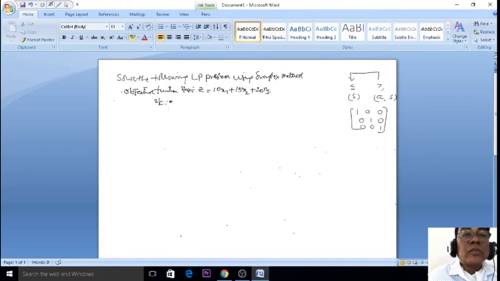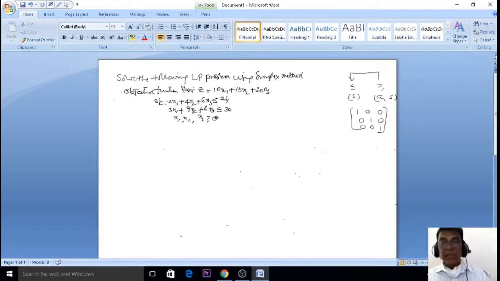Subject to constraints: 2x1 + 4x2 + 6x3 ≤ 24, and 3x1 + 9x2 + 6x3 ≤ 30, with x1, x2, x3 ≥ 0.